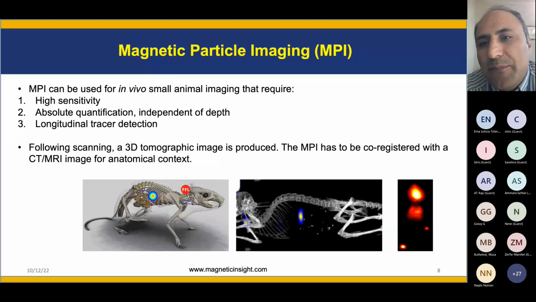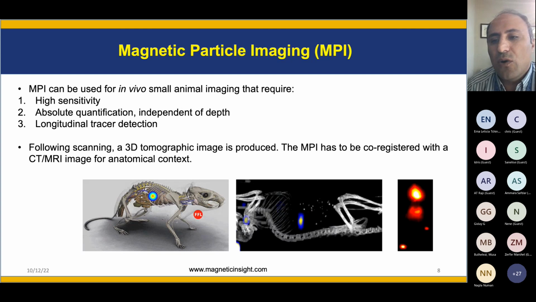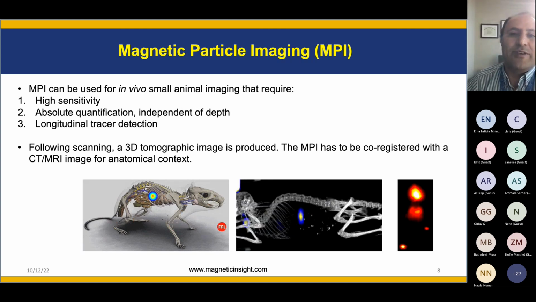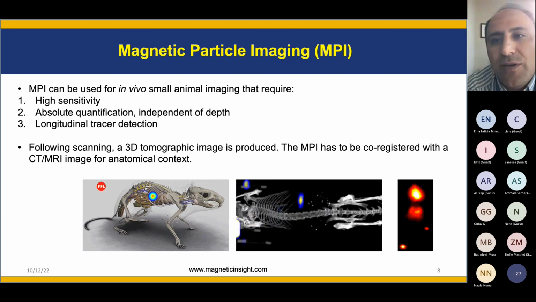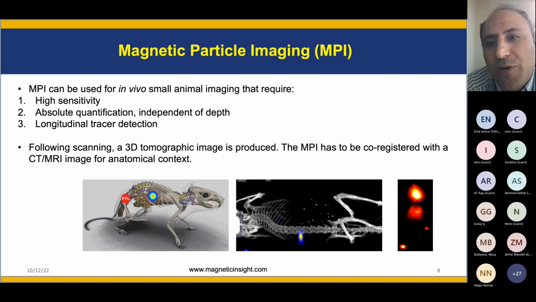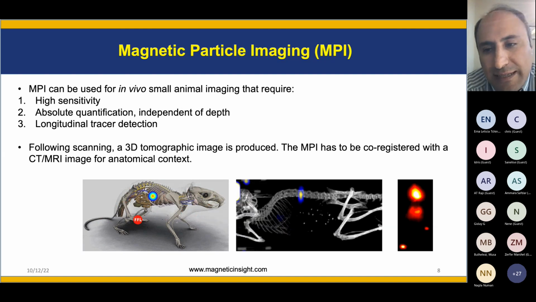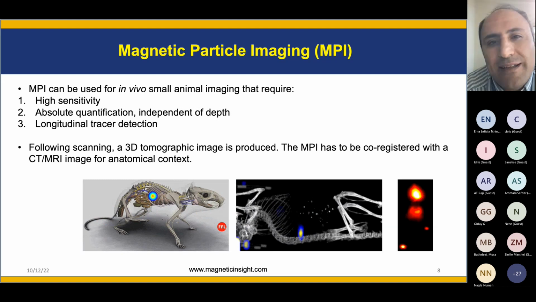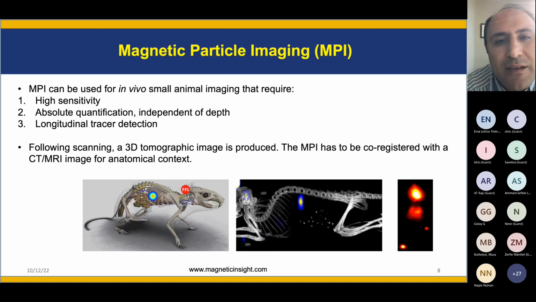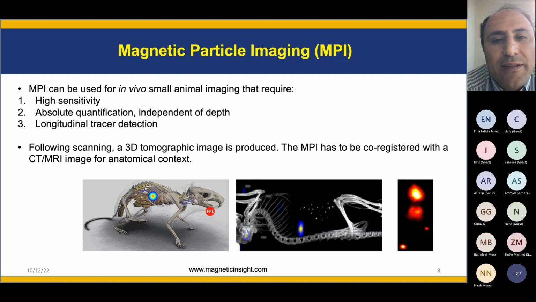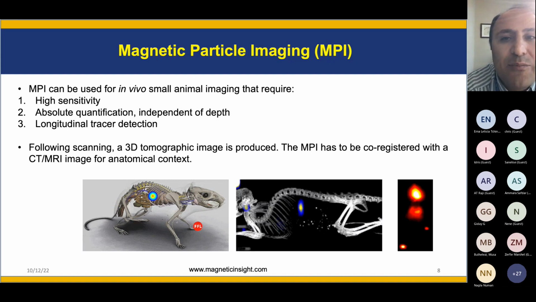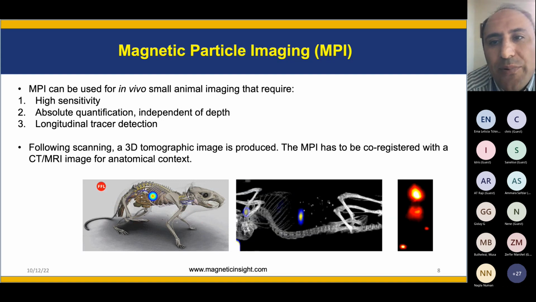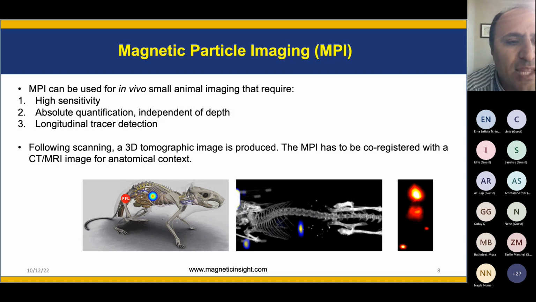But the benefit of MPI is that we are using a cold agent. In PET, we use a hot agent like radioactive material, but here we only use magnetic nanoparticles that are cold, and there is no radiation and no radioactivity. So this is the main benefit of MPI over PET.